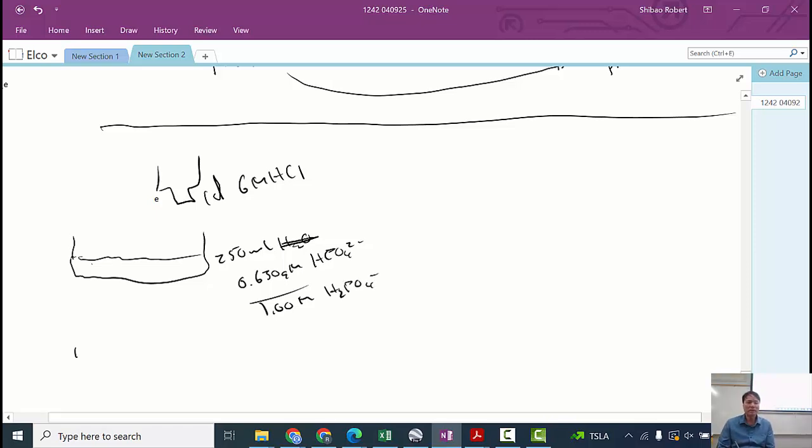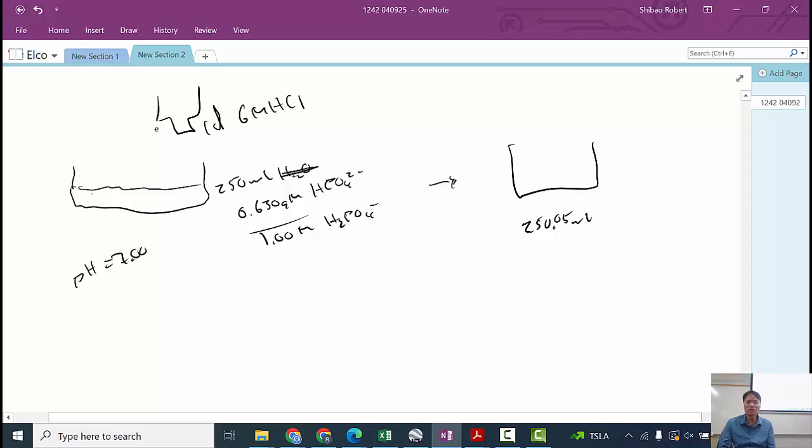This is going to create a pH 7.00 buffer. We add 1 drop, and we end up with 250.05 milliliters of solution, so we'll calculate the new concentrations here.